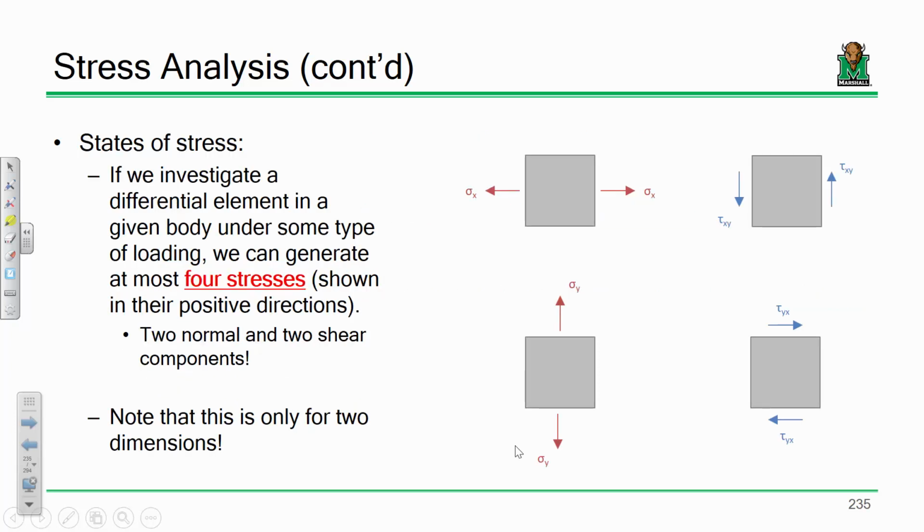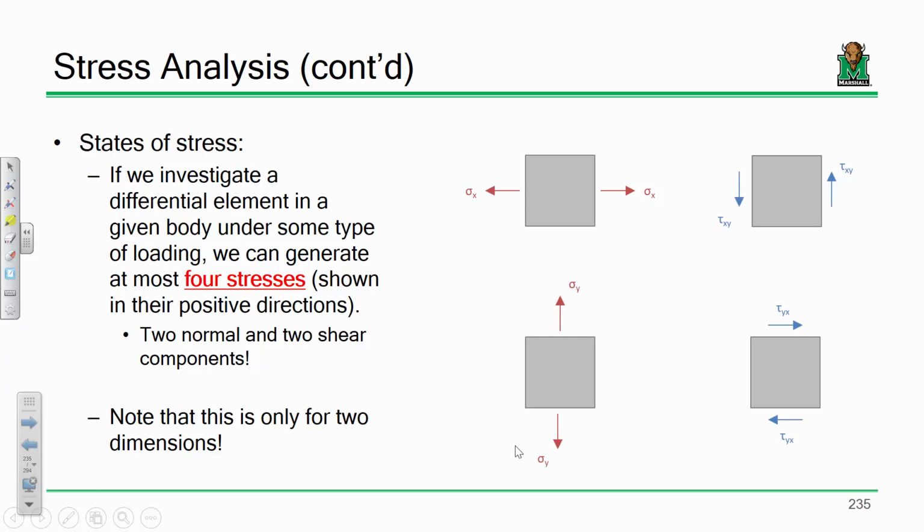Now, if we investigate a differential element, what I mean is we take some arbitrary structure and look at a single random point on that structure. Really, I'm talking about an element that's itty bitty wide this way and itty bitty tall this way, like your dx's. I propose that you can generate as many as 4 different stresses on that element.